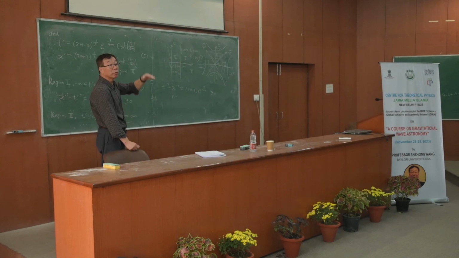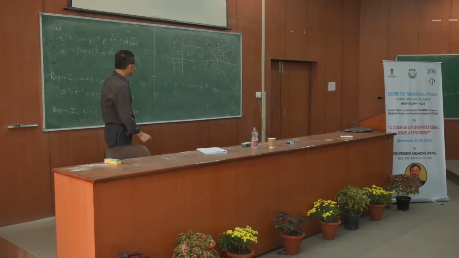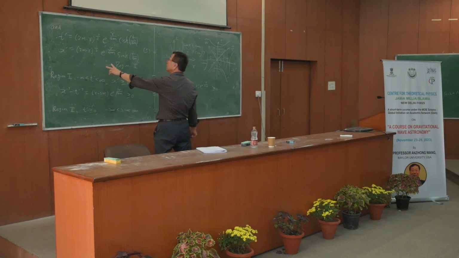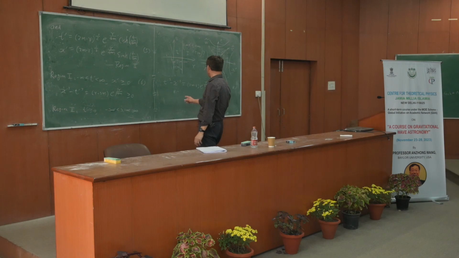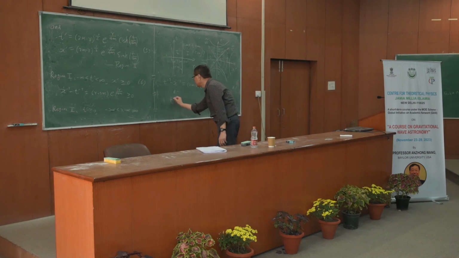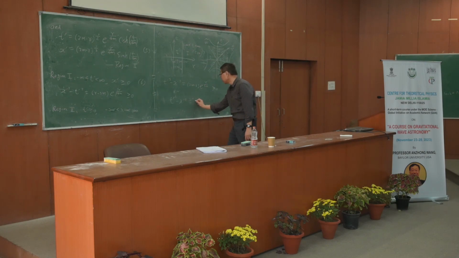You cannot actually cross r equals 0, right? What's the r equals 0? In region 1, you can put here r equals 0, so t prime squared minus x prime squared equals r equals 0.